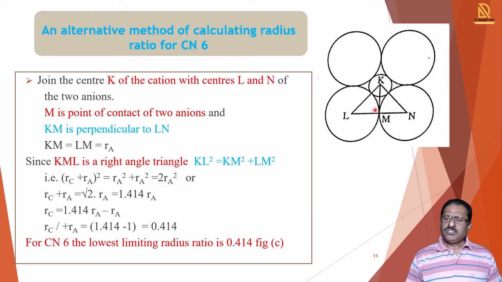So from this triangle, if we see this KMN, then this is a right angle triangle. So KM is perpendicular to LN. So we write KM is equal to LM, and that is the radius of anion.